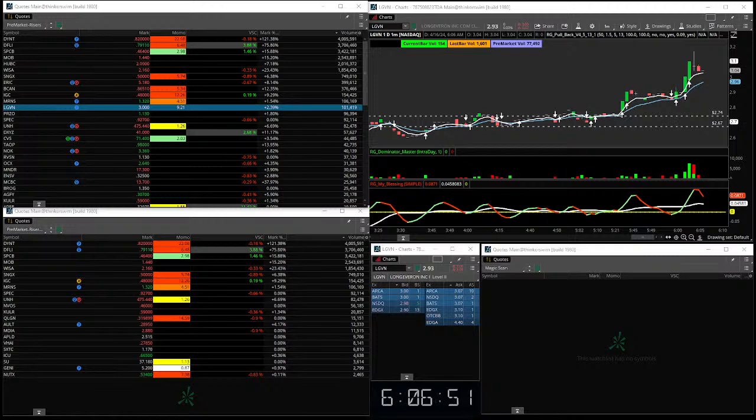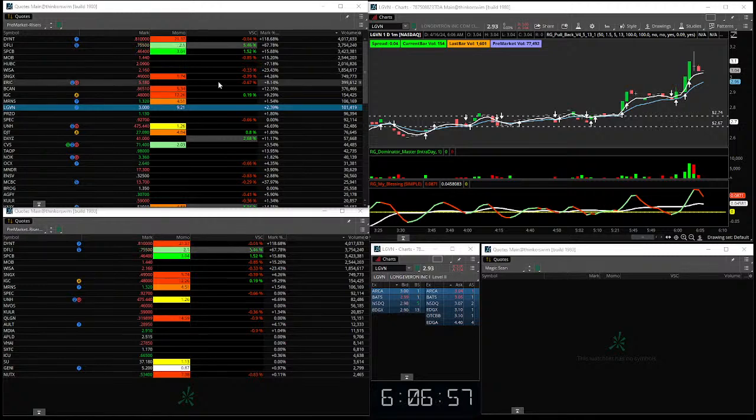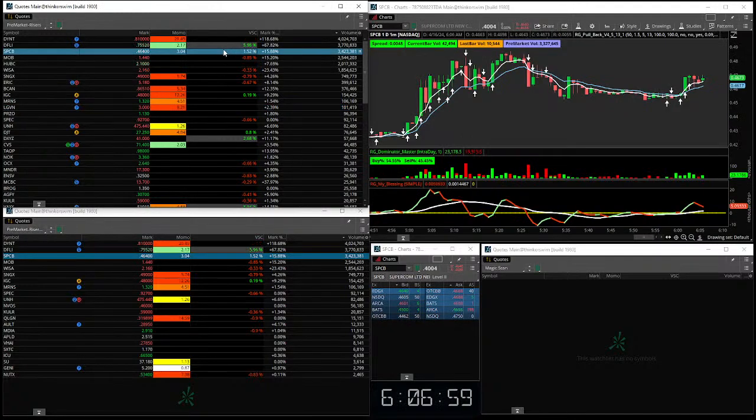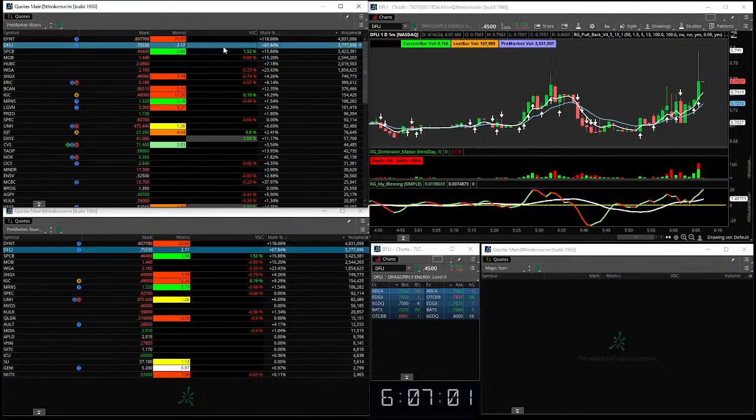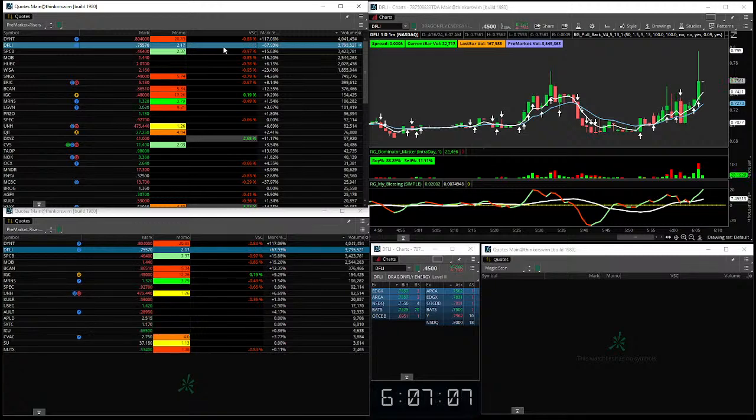Doesn't have enough volume yet. Might have been somebody getting in early. DFLI looks like it had a spike up just when I went to go check LGVN, but immediately lost it.